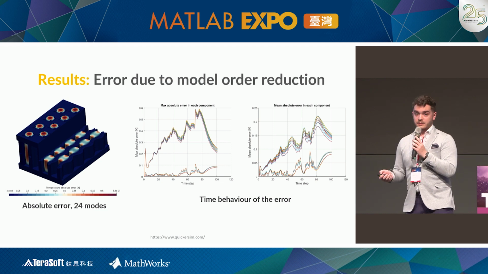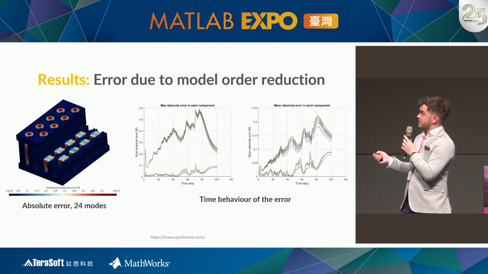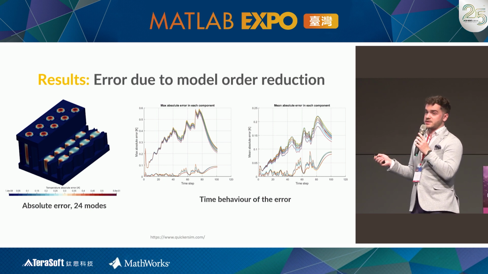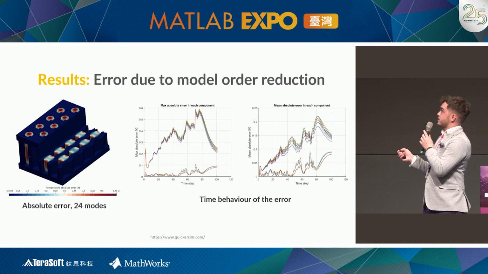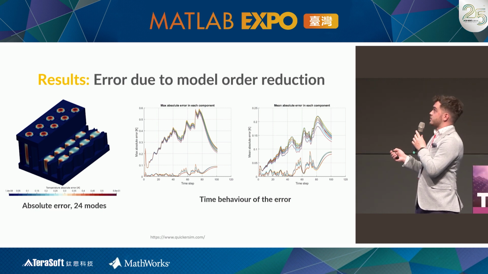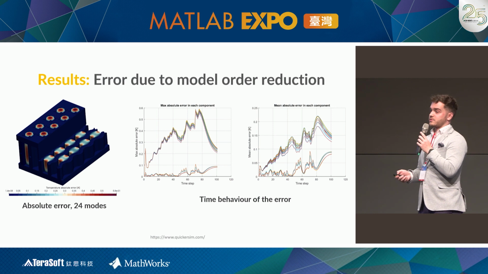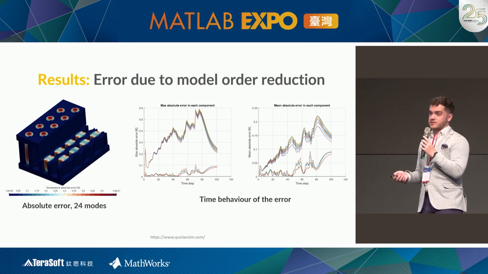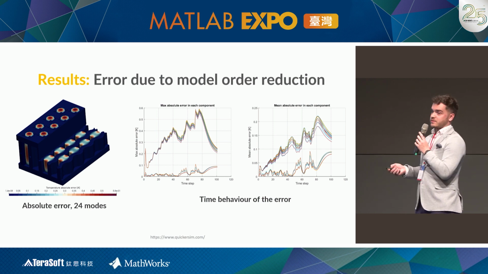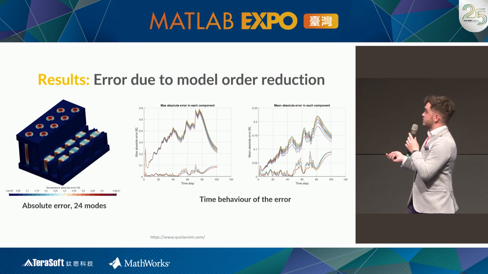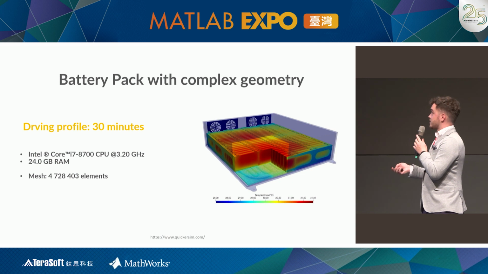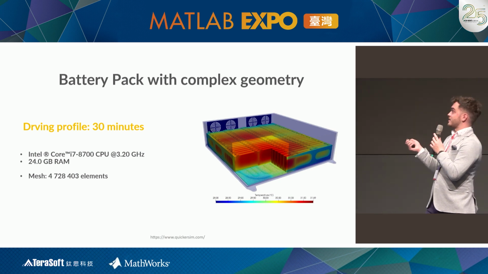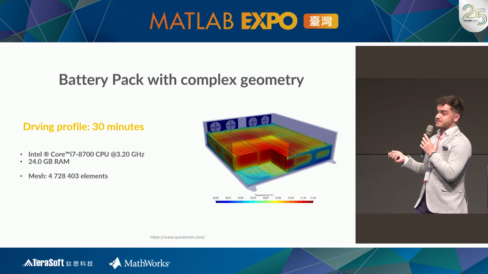But when we go into the numbers, you can see that the maximum absolute error that we have seen is just below 0.6 degrees Celsius, while the mean absolute error is just above 0.2 degrees Celsius. So taking into account the time difference and the numerical power required for those simulations, this is really a negligible difference, negligible error.